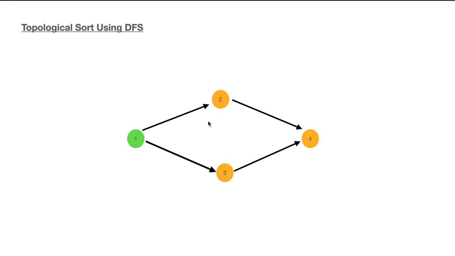So let's call DFS on 2 now, and 2 has only one neighbor. It'll call DFS on 4, and now 4 has no more children to explore.